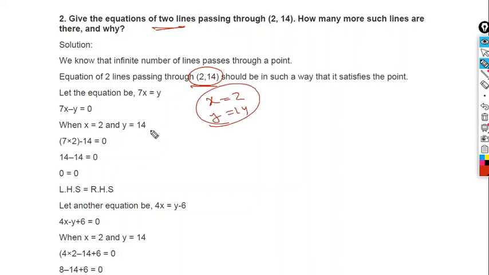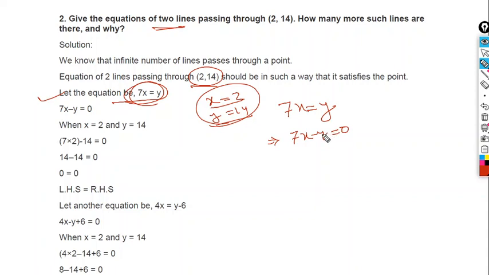Any equation we write must satisfy x equal to 2 and y equal to 14. So first equation, let the equation be 7x equal to y. So the equation will be 7x minus y equal to 0.